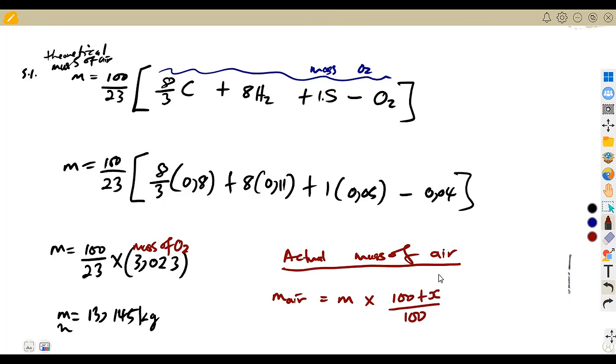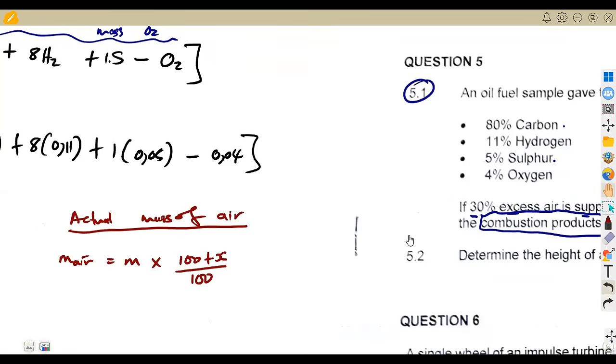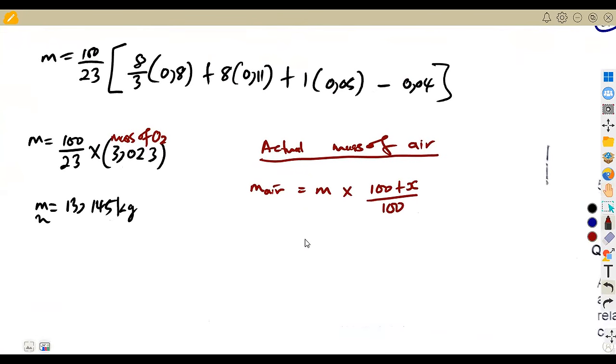So we are going to add the excess percentage of oxygen, that is 30%. So we have the mass at theoretical values, 13.145, times 100 plus x, where x is 30.